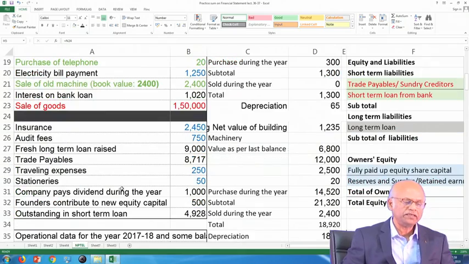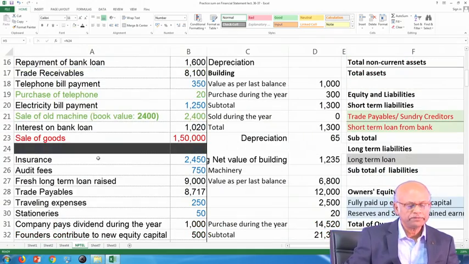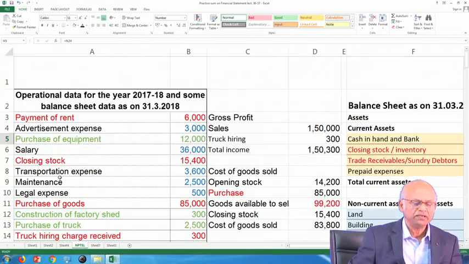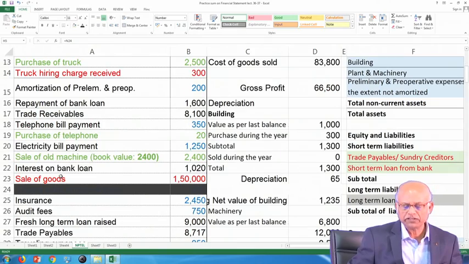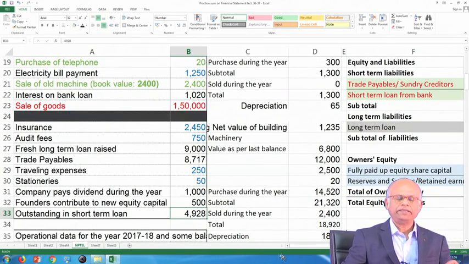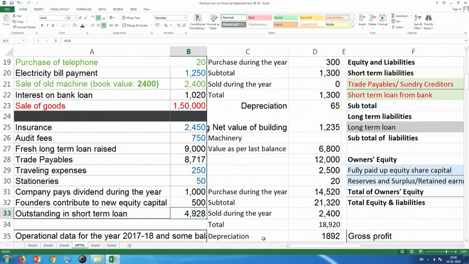Suppose we consider that the outstanding balance in the short term bank loan account is, let us not consider that it has gone down significantly. So, suppose we modify this data which has been mentioned as 4,928. Suppose this is say 8,000, it is not so less.